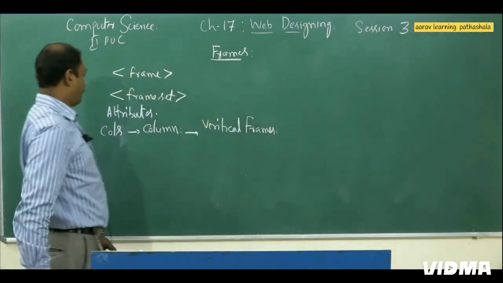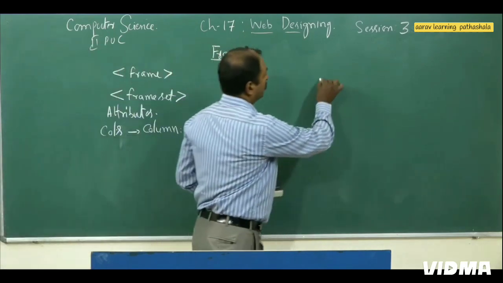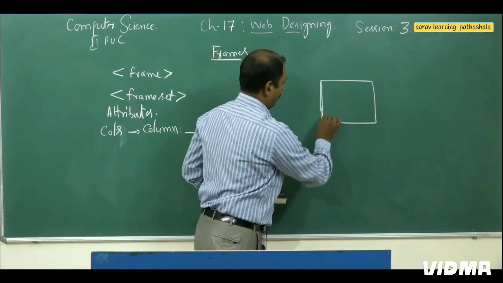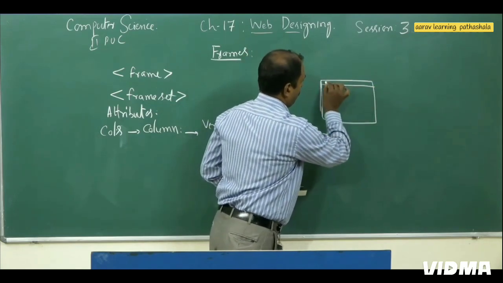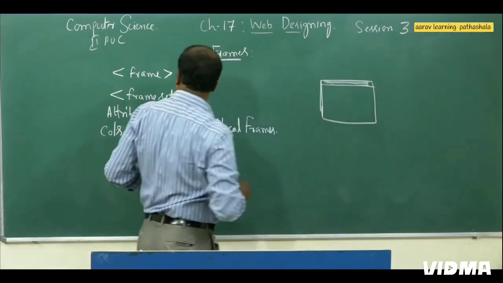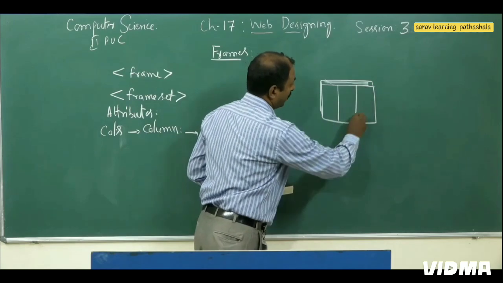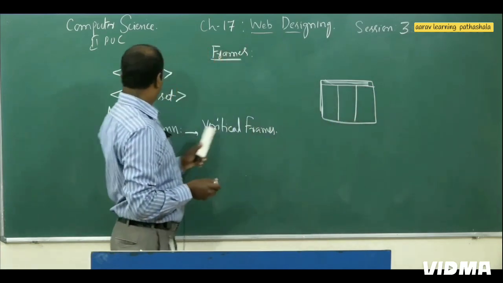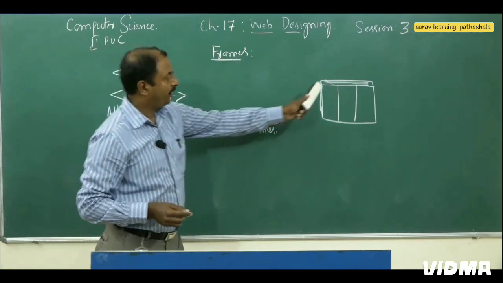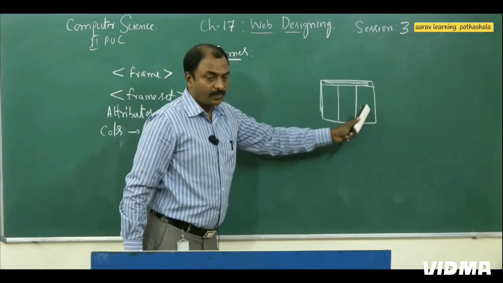The meaning is, suppose this is your web browser window, and here we use the columns attribute to divide it into a number of columns. So the columns attribute is used to divide the web browser window into vertical frames.